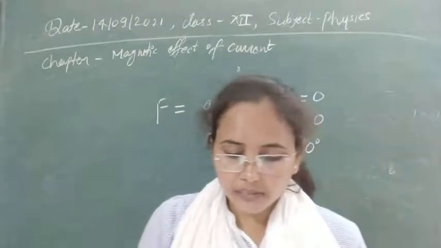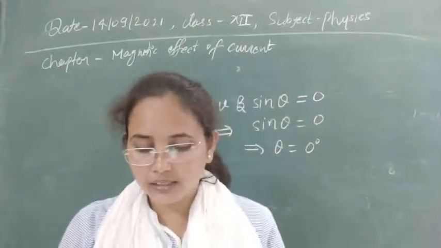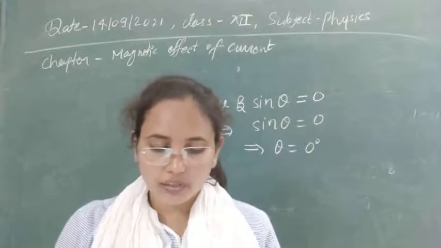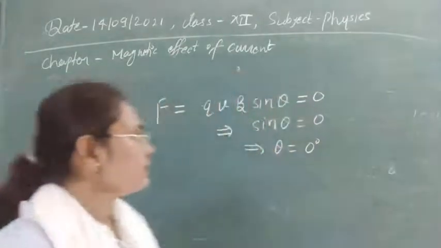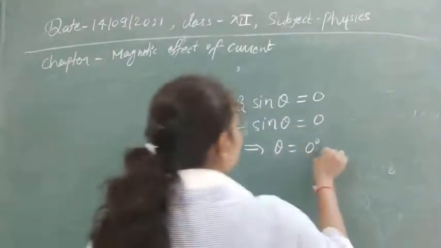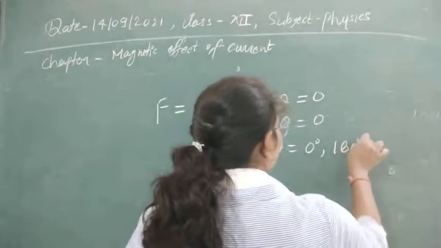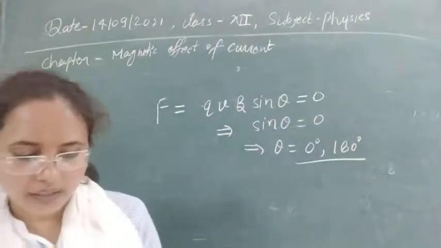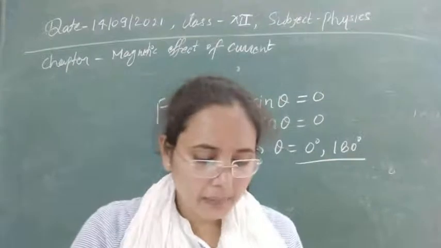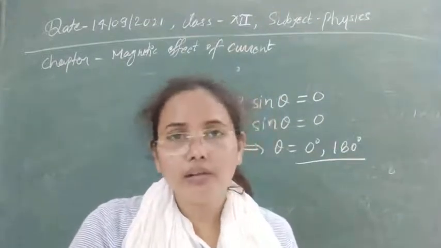Third, the angle between V and B is either 0 or 180 degree. Fourth, the angle is necessarily 90. Sin theta is 0 for theta equal to 0 as well as 180 degree, so the third option is correct: the angle between V and B is either 0 or 180 degree.